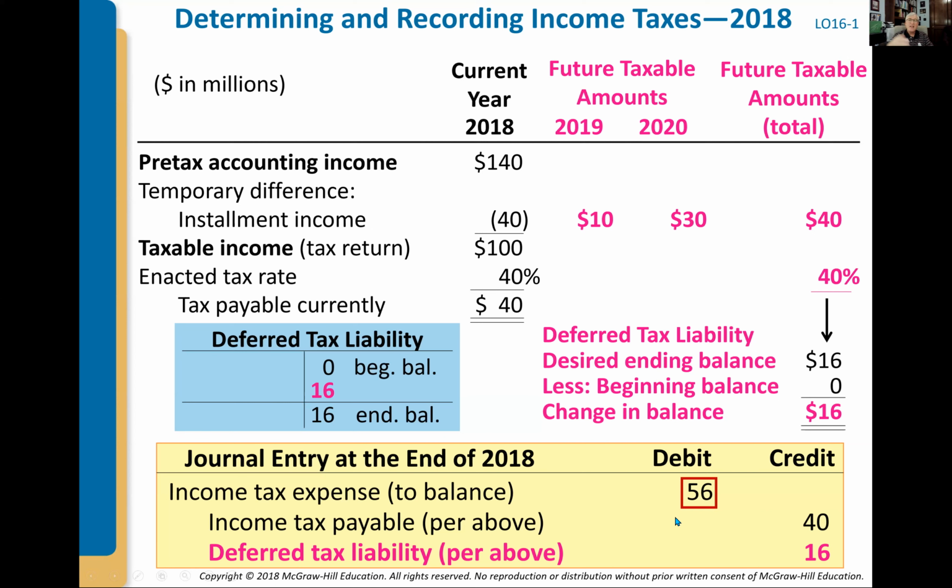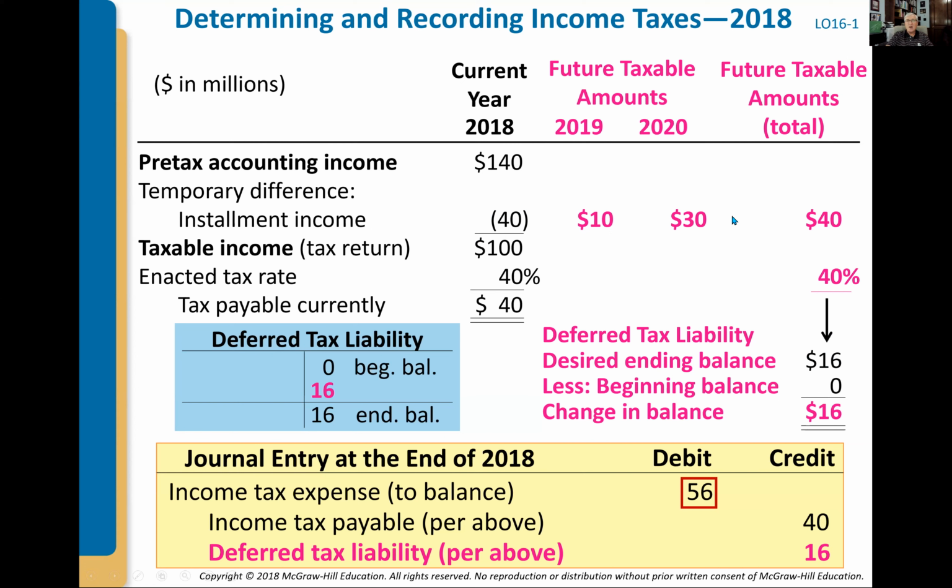Step two is to calculate what the desired ending balance is for deferred tax liabilities and deferred tax assets. Here we don't have a deferred tax asset, so we're just going to calculate the ending piece, and that becomes 40% times the difference. The difference is 40.